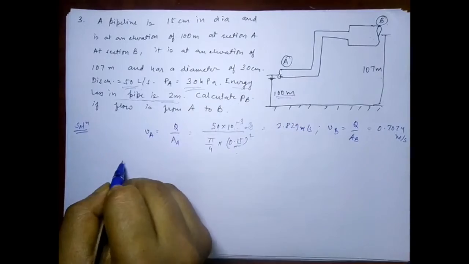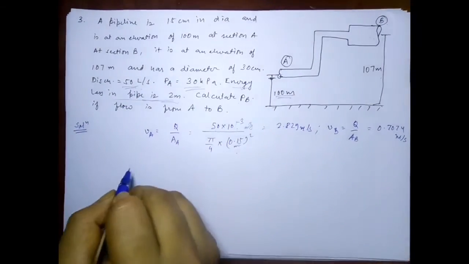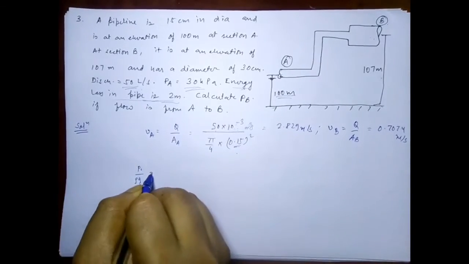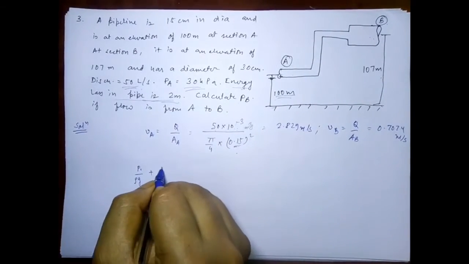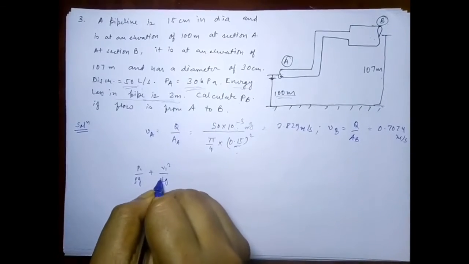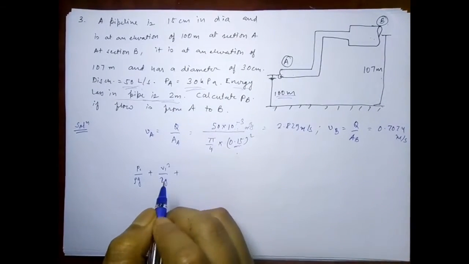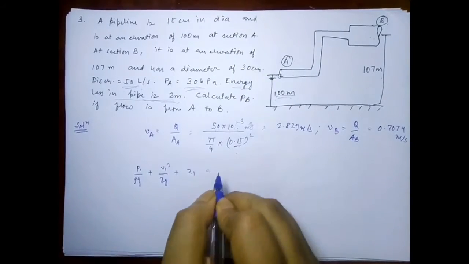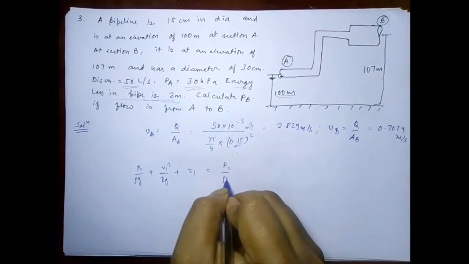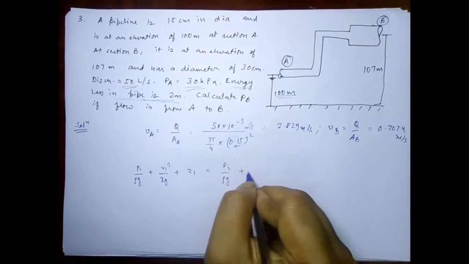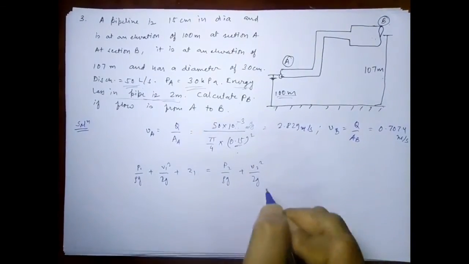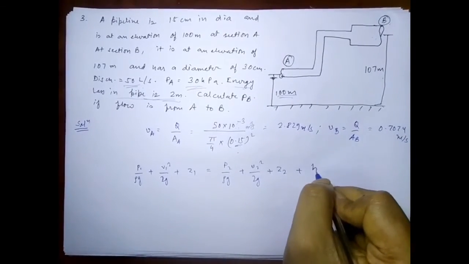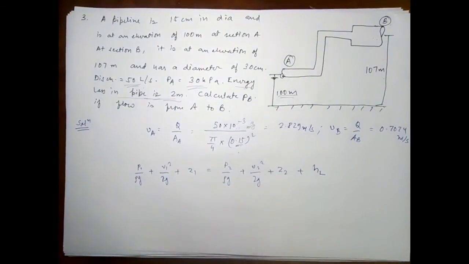Now, considering head loss, the Bernoulli's equation will look somewhat like this: P1 upon rho G plus V1 square upon 2G plus Z1 equal to P2 upon rho G plus V2 square upon 2G plus Z2, plus we will add another term known as HL.